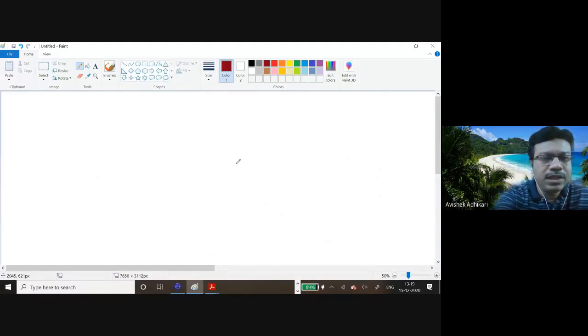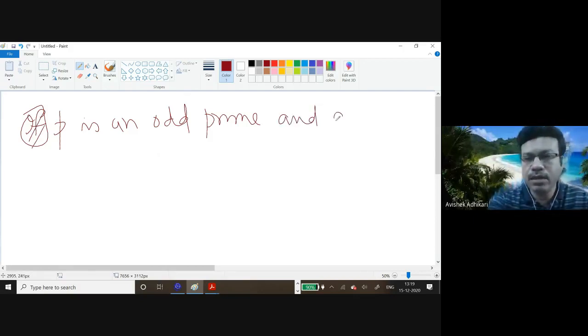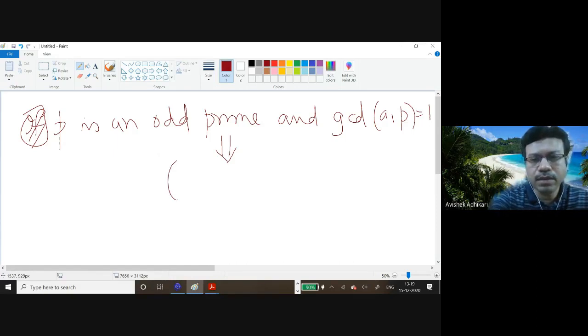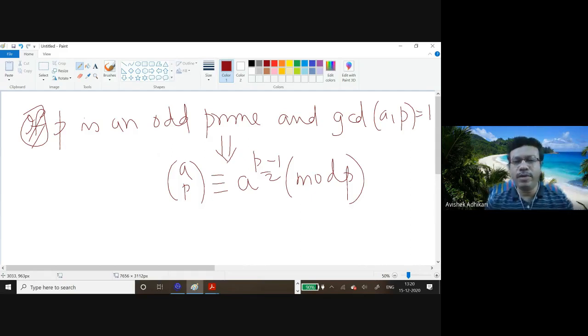As I mentioned earlier, if P is an odd prime and GCD(a, P) equal to 1, this will imply the Legendre symbol (a/P) is congruent to a to the power (P minus 1)/2 modulo P. We have already seen this result.